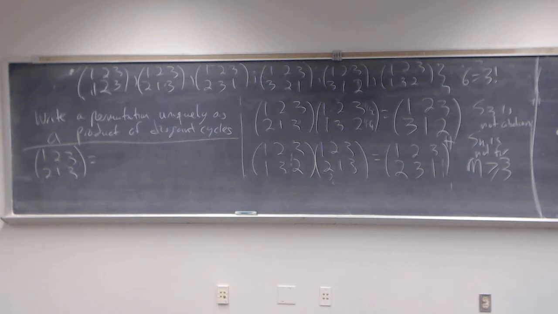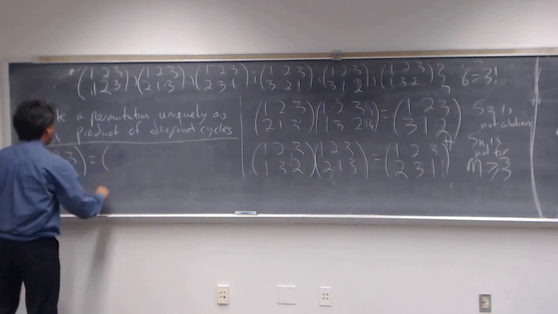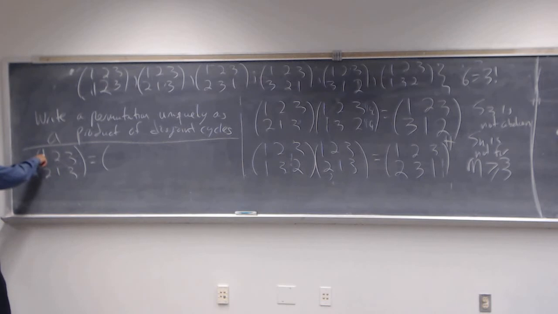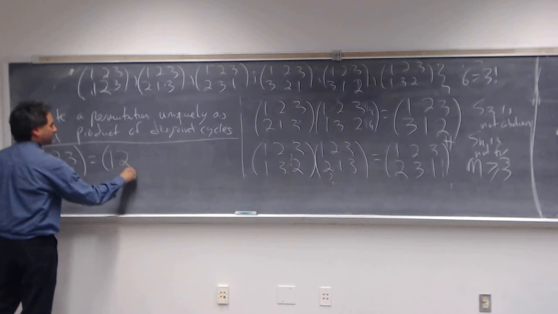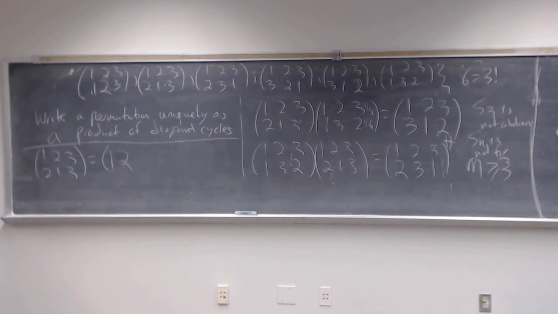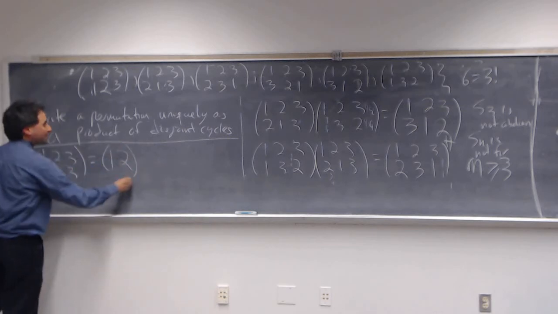What we look at is we take any element and we apply the permutation to that, and apply the permutation again and again and again repeatedly until you see what happens. So let's look what happens here. 1 would go to 2. So we start with 1. The next thing would be 2. What happens to 2? 2 would go back to 1. So that would close up the cycle.